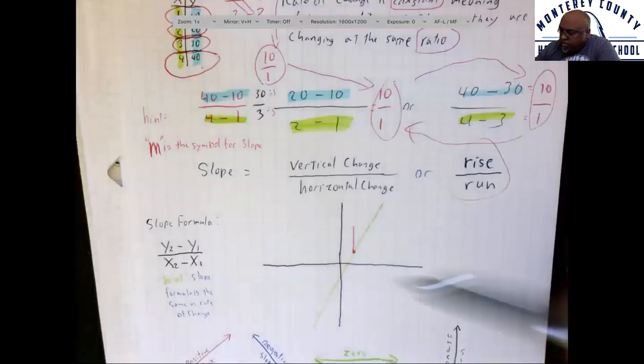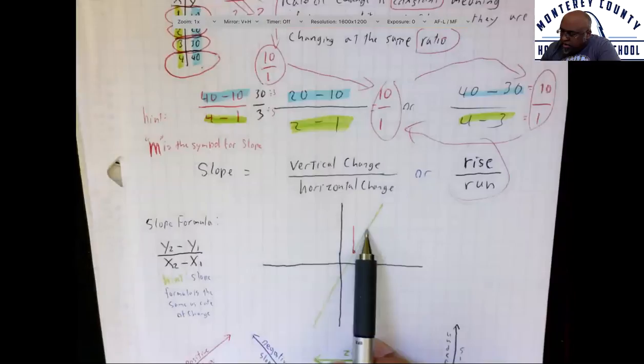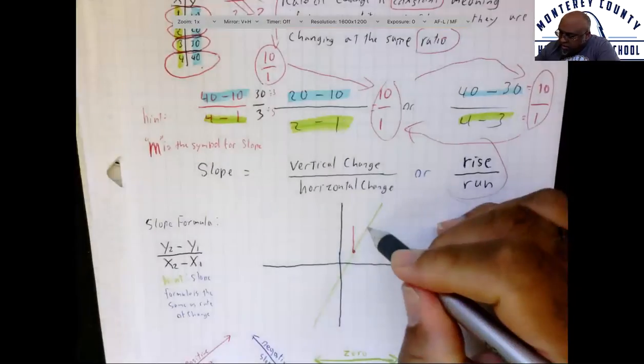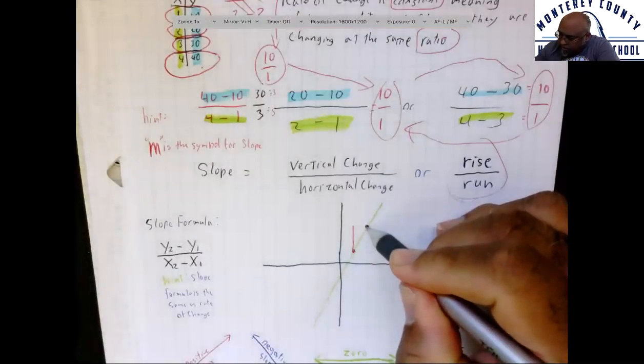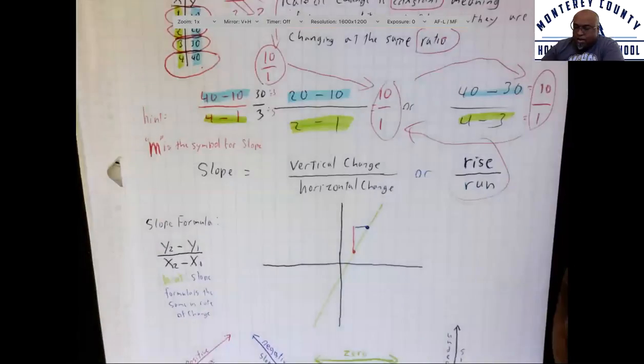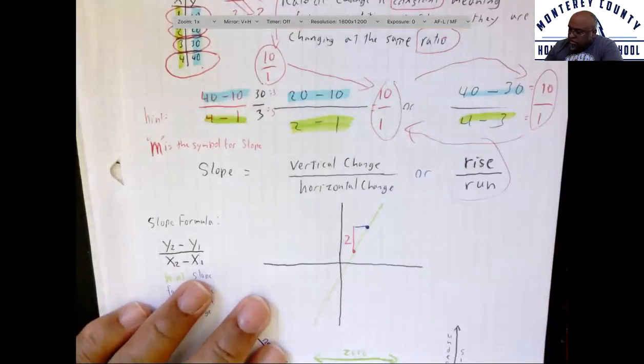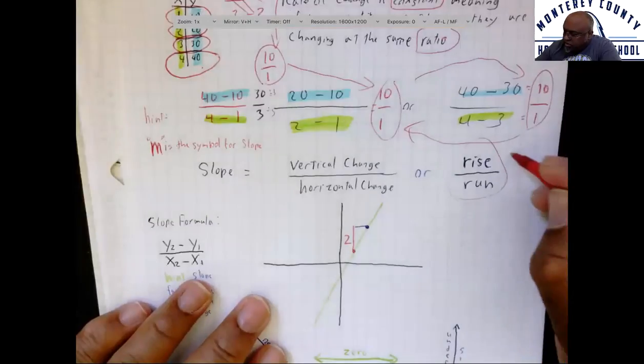Now, I went up 2 spots, and the reason why is because if I go over here, then I can see that my next point would be over this way. Okay? So, I went up 2 spots, so my rise would equal 2.